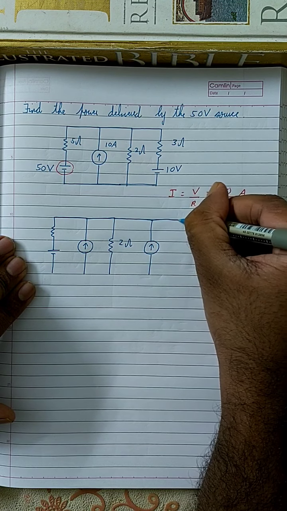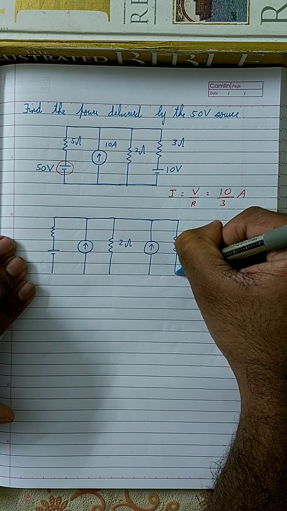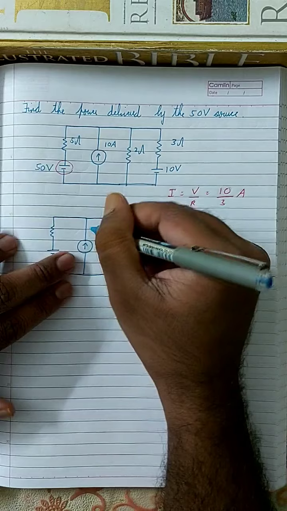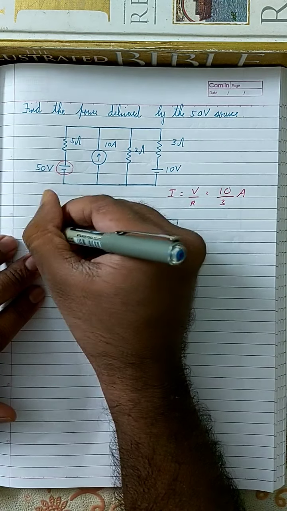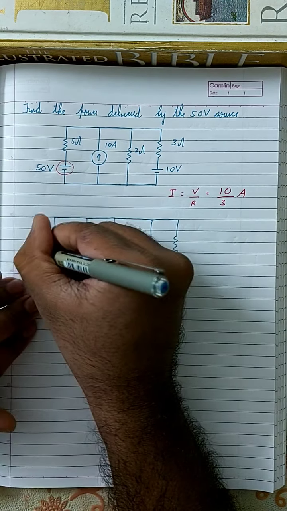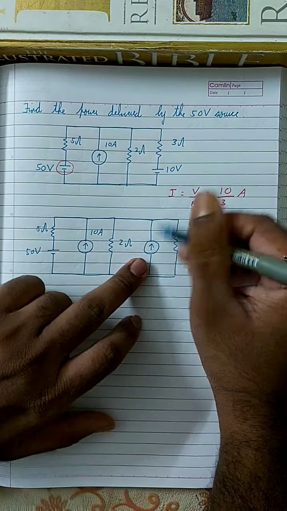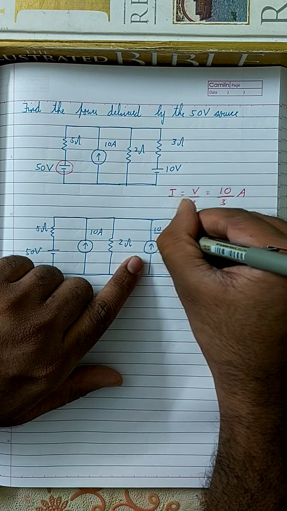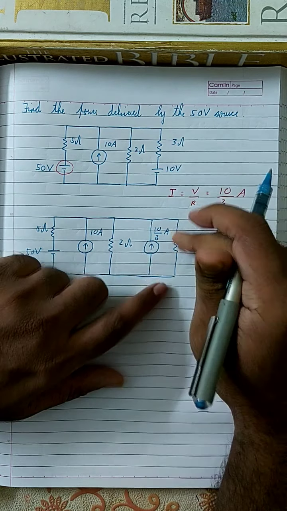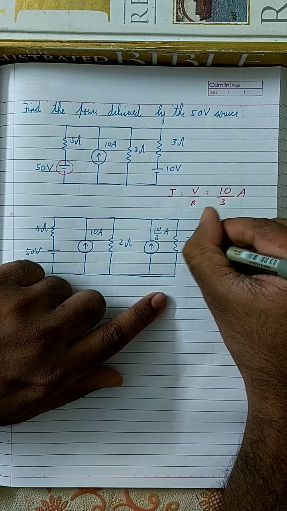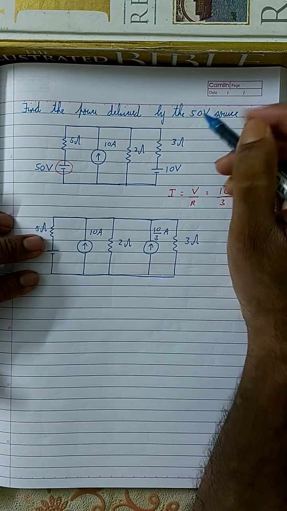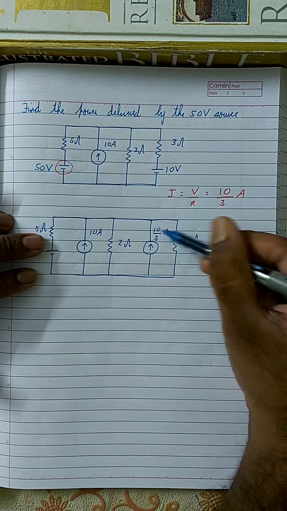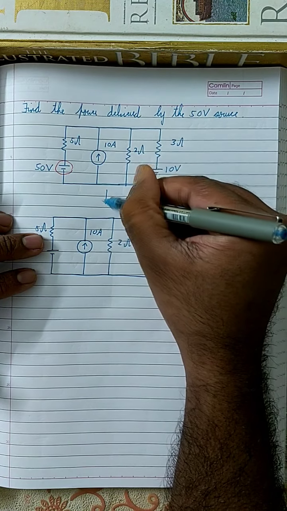This is 10 amperes, this is 5 ohm, this is the 50 volt source. And this new current source is now 10 by 3 amperes, with the same 3 ohm resistor in parallel. So you see, I applied my source transformation in this branch, and the circuit has now become like this.